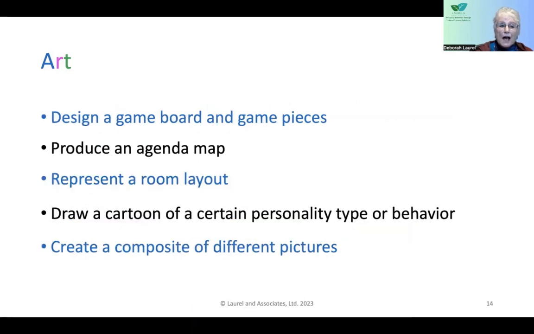You can have them design a board game and game pieces that they can then use to play the game. The game board could be on cardboard. It could be just drawn on a flip chart, a piece of flip chart paper. You can have them produce an agenda map.